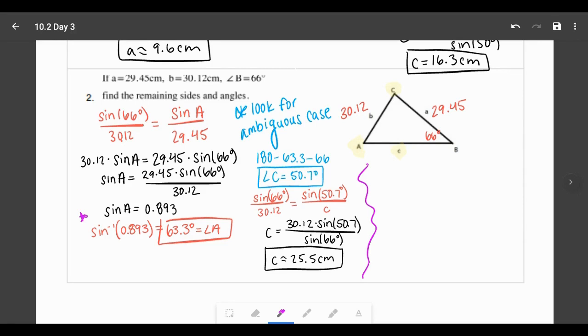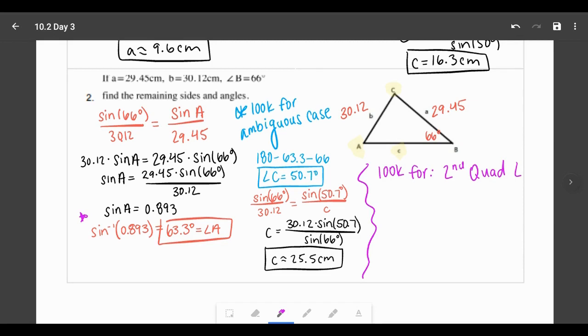But also think about, what other quadrant is sine positive in? Well, it's positive in the second quadrant. So for our second case scenario, what we are going to look for is a second quadrant angle that satisfies where sine is 0.893.